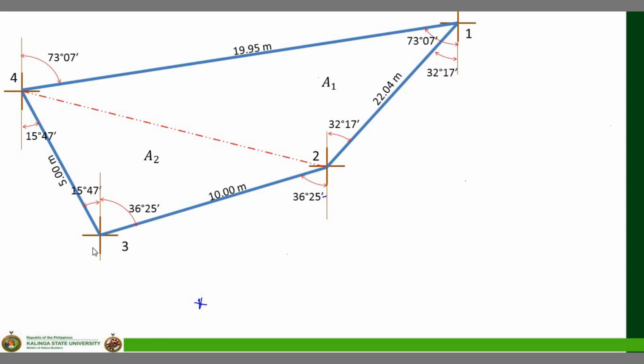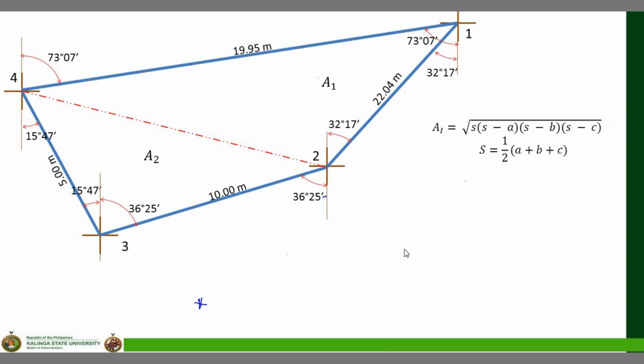So, the areas I'm looking for here are area 1 and area 2. As I said a while ago, it's up to you which equation to use. But for me, I'm going to use Heron's formula. The area of a triangle is equal to the square root of S(S minus A)(S minus B)(S minus C).